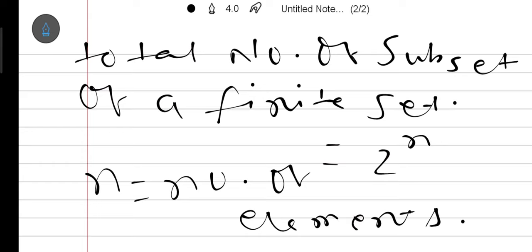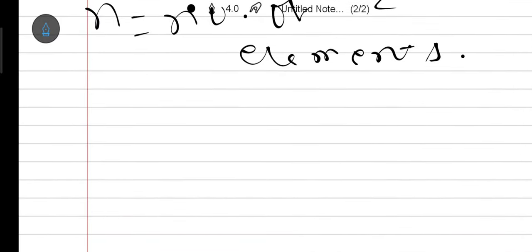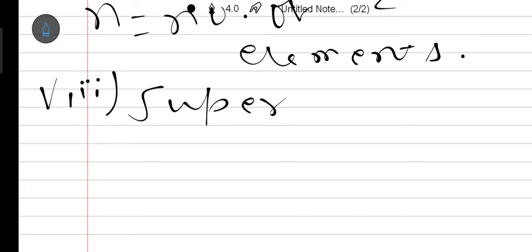Okay gentlemen, let's move ahead to the eighth one, superset. Now what does superset mean?